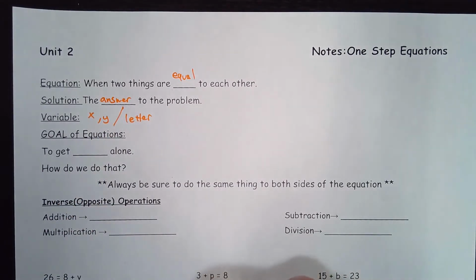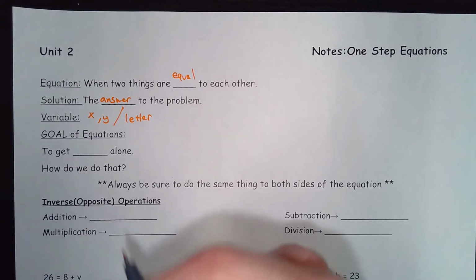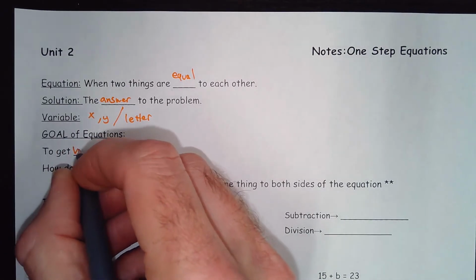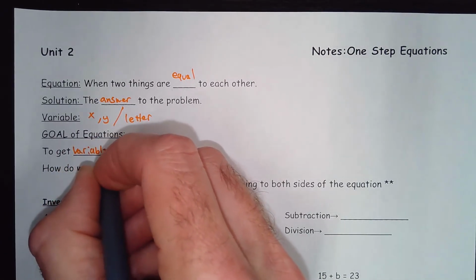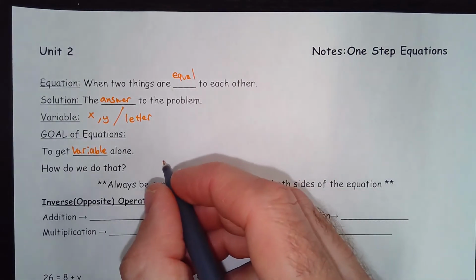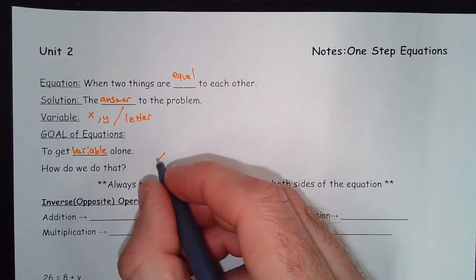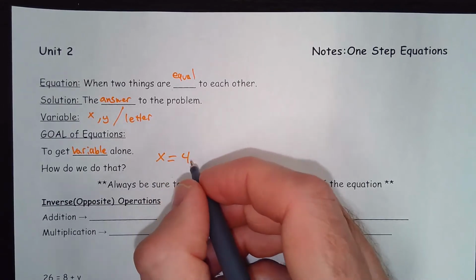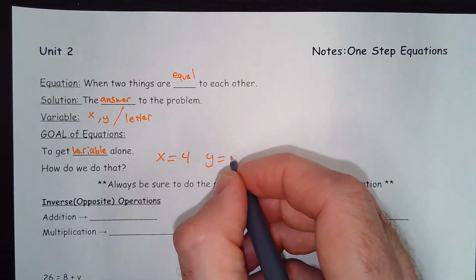What's the goal of an equation? To get the variable alone. We're done with an equation, where we have a solution or an answer, when we have something like x equals 4, y equals -2.